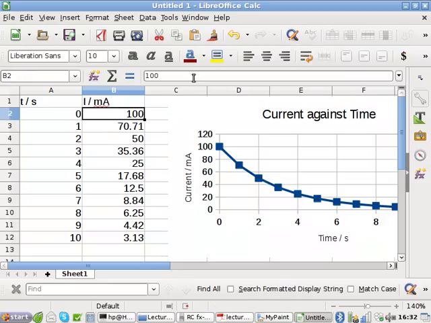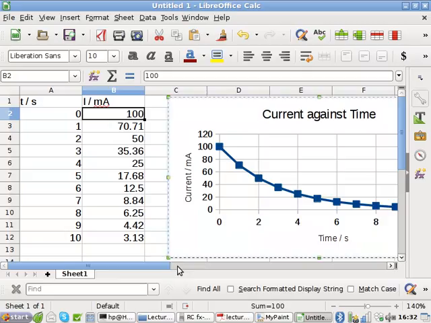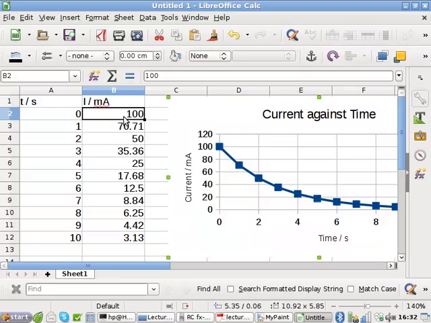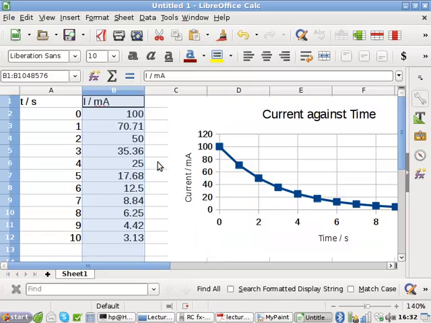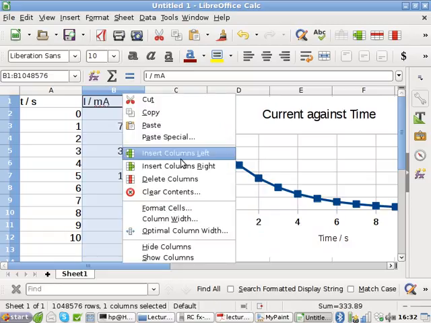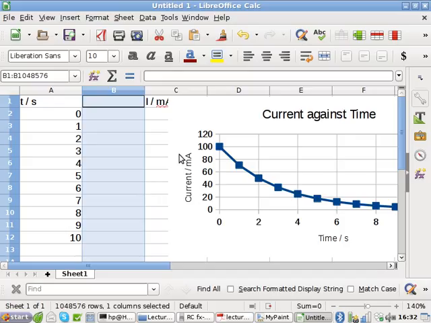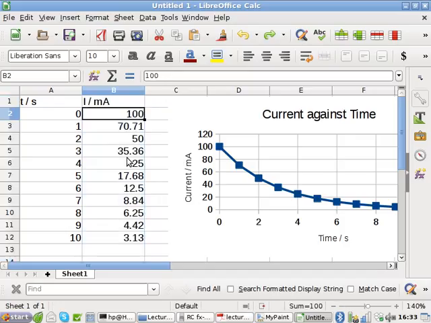Let me just put in, I don't want to lose these numbers. Can I insert column to the right? No, I mean insert column to the left. I might have to type it in. Equals, can you type in log and tell me what each one is?